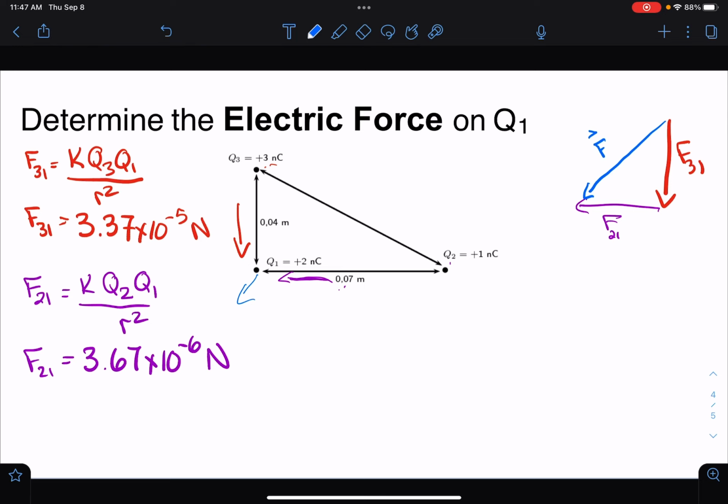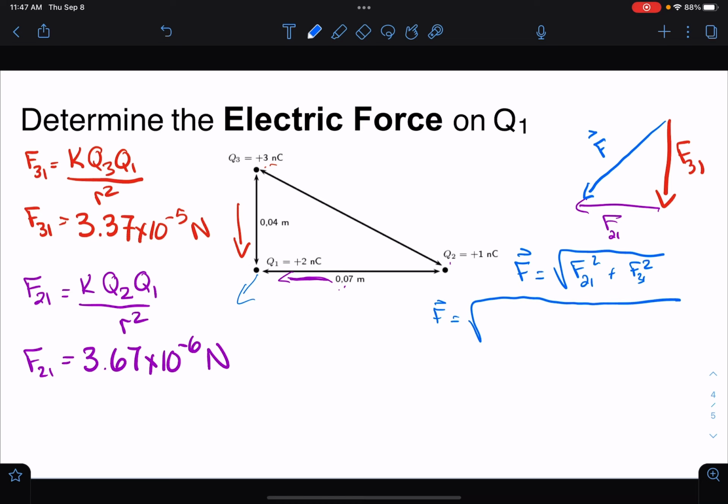So once again, we can use our good old Pythagorean theorem, and our force is going to be the square root of force of 2 on 1 squared plus the force of 3 on 1 squared. Again, really pay attention to where you're using parentheses. I will actually write this out and show you how I do this in my calculator. Okay, I square root at the end, so I'll figure out this answer first and then do square root answer.